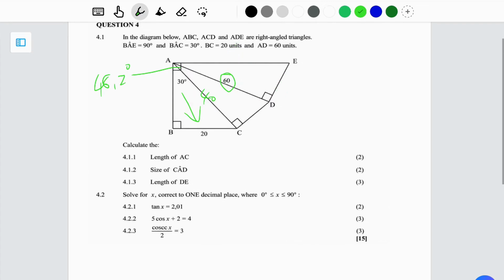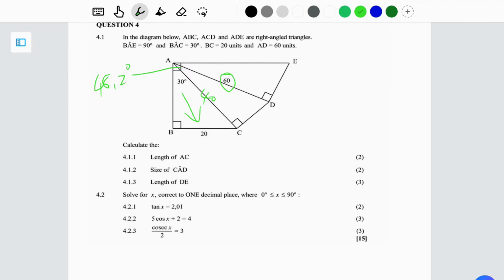Also, if you are now noticing, we don't have that angle in that corner as well, but we could calculate it. They did say that angle BAE, which is the larger triangle, is a 90-degree angle.